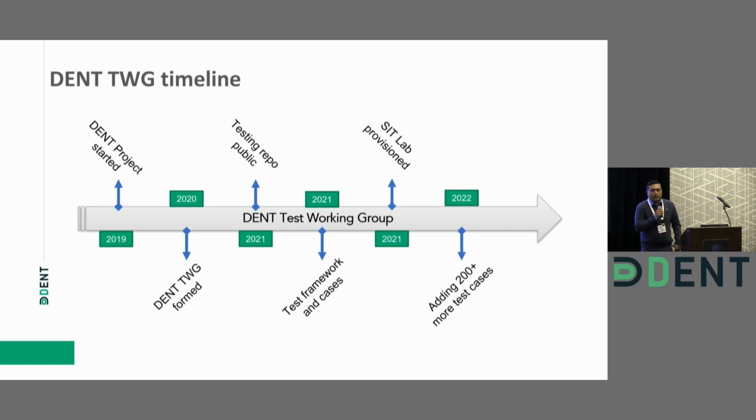We have a GitHub where we contribute all the test framework and the test cases. And then in 2021 we provisioned what we call the System Integration Lab with different vendors and the testing integrated into a common framework. And in 2022 onwards, we are onboarding 200 plus more test cases to have complete feature coverage until DENT version 3.